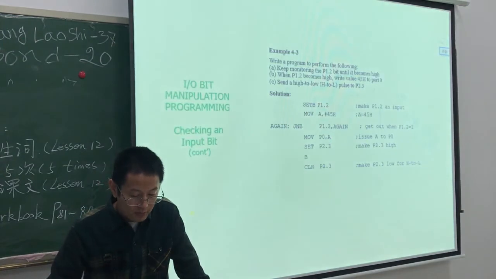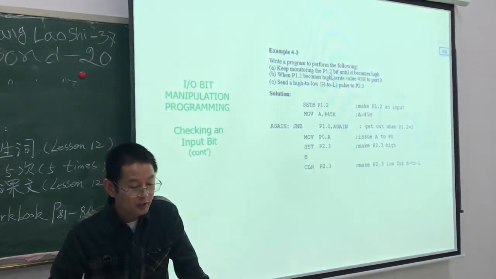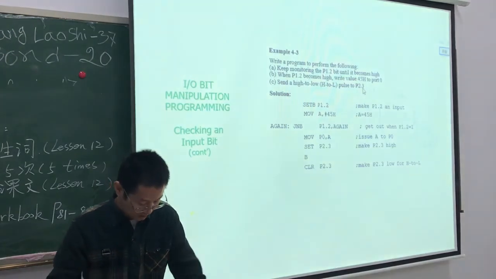Here is a program to perform the following: keep monitoring the P1.2 bit until it becomes high. When P1.2 becomes high, write the value 45H to P0. Send a high to low pulse to P2.3.